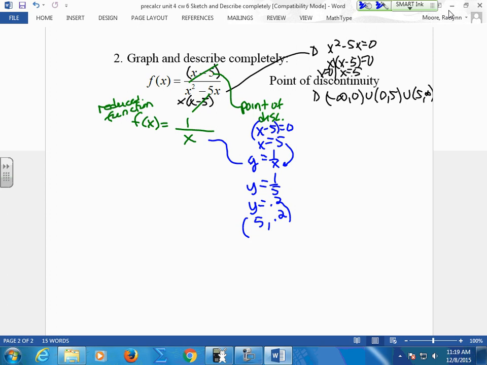But we call this a removable point because, as we looked in the graph, we approached it from both sides to be 0.2. So if I could absolutely put my pen down and never pick it up, I could slide right over that 0.2. And in calculus, we do these as limits. And that's what you'll learn about if you go on to calculus. So we do a crude way of finding it, but we do find your point of discontinuity.